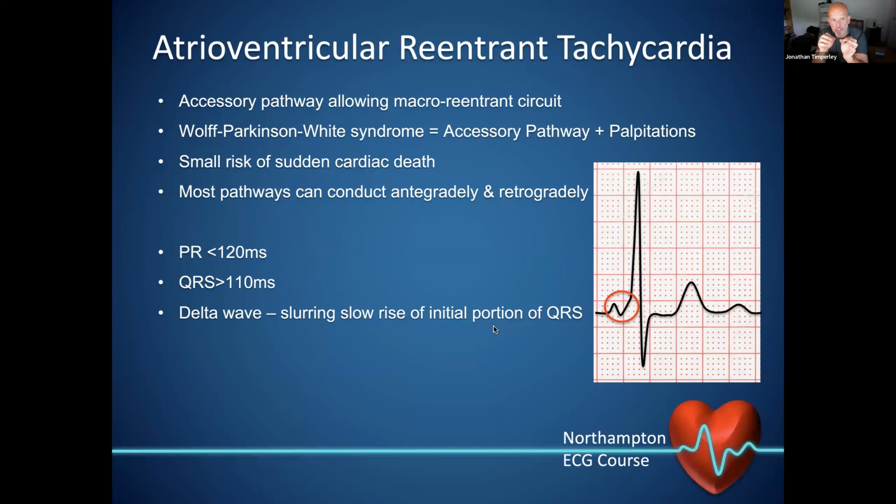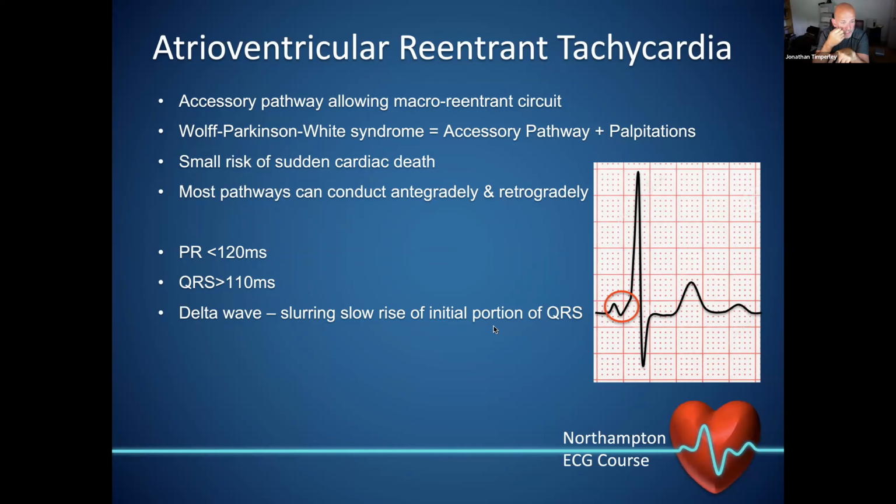There is a small risk of sudden cardiac death related to pre-excited atrial fibrillation, and this tends to occur under the age of 40, such that if you have someone who's now 40 plus, then really there's no benefit in looking at an EP study unless you're looking at symptoms, because you're not going to alter mortality, whereas under the age of 40, an EP study has the potential to reduce the mortality of that patient.